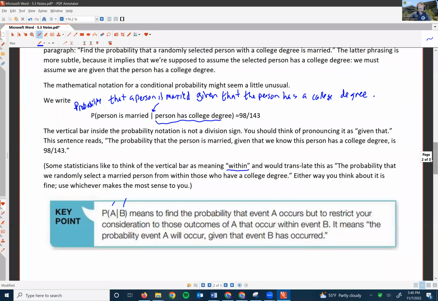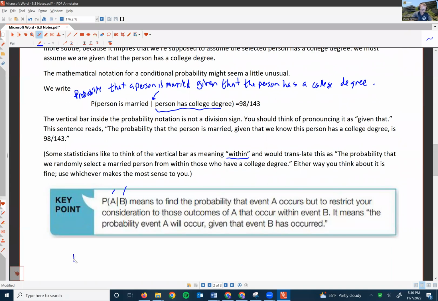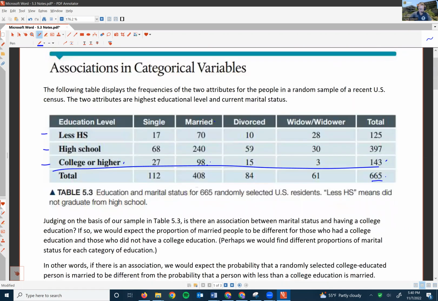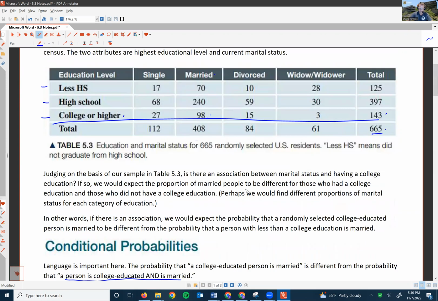As another example, let's look at that same table and find the probability that somebody is divorced. Sorry, let's find the probability that someone has less than high school given that they're divorced.